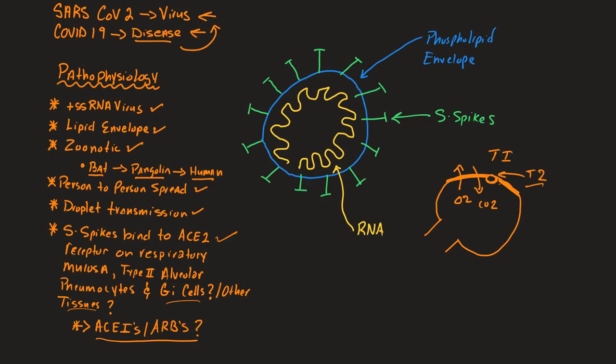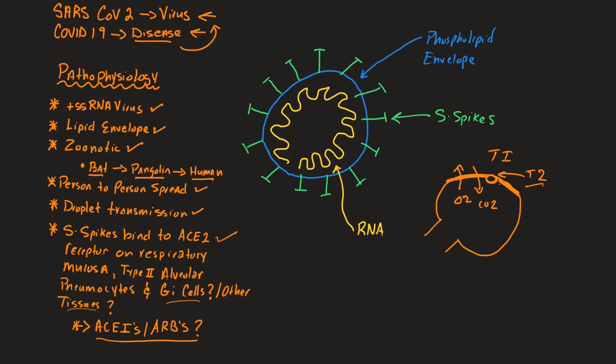And so there is a hypothesis, and I want to say that this is a hypothesis, this is not great evidence at this point to suggest this is in fact a problem, but there is a hypothesis that patients that are on ACE inhibitors may be at higher risk for complications from COVID-19.